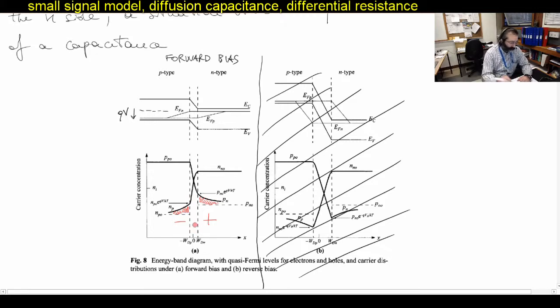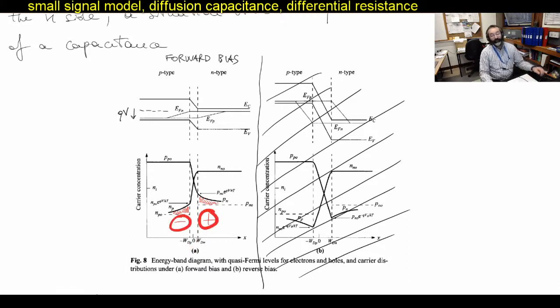Remember that capacitance in general is inversely proportional to distance. In forward bias, this distance is small, so clearly the diffusion capacitance has to be really big, also because we have a lot of charge being accumulated.